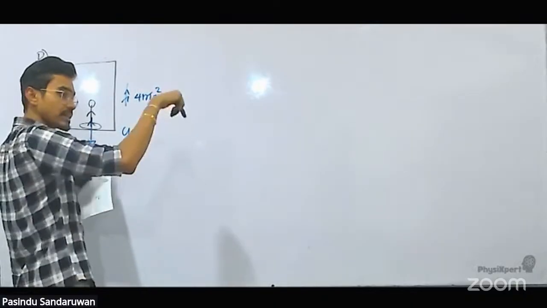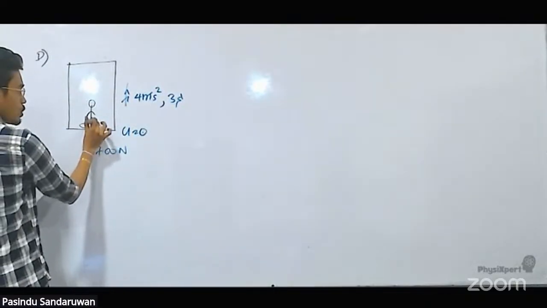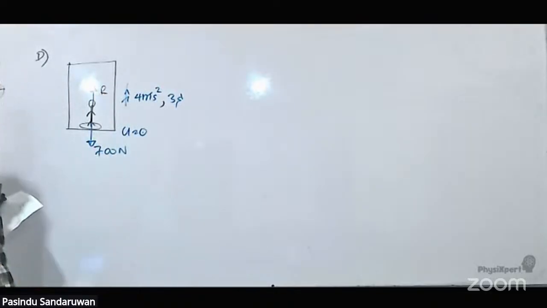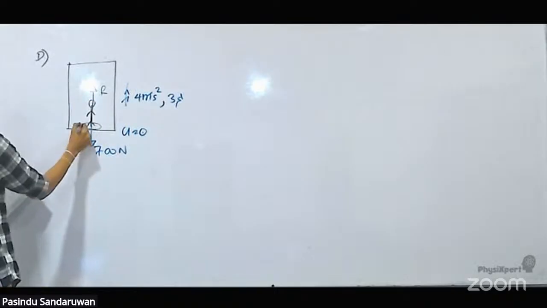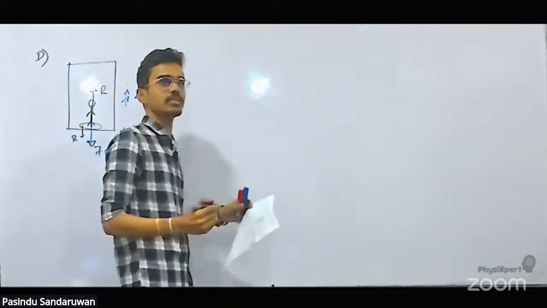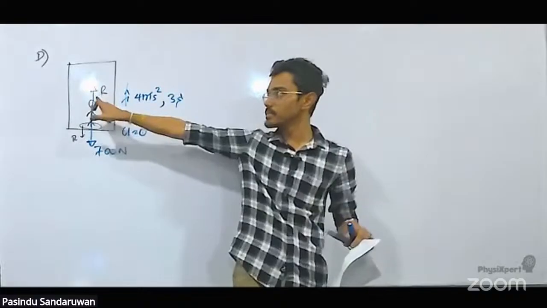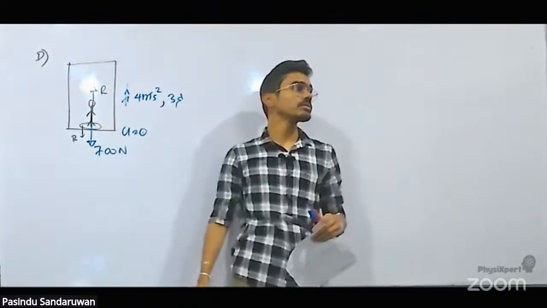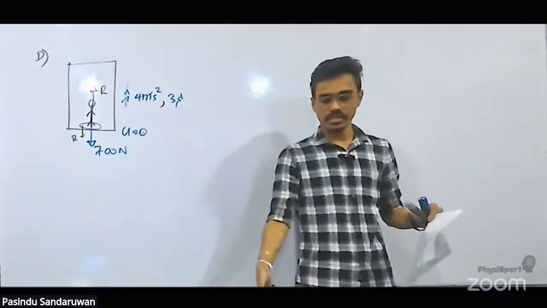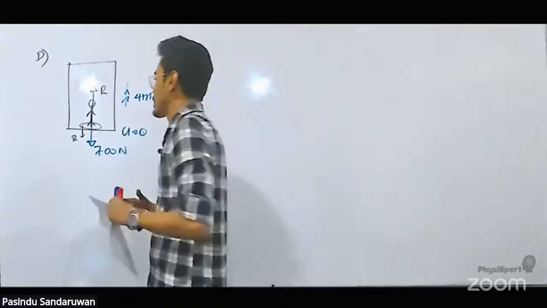Then by the pan, on the man, there will be a reaction, say R. The equal and opposite reaction is on the pan, and the pan is sensitive to that reaction. They follow Newton's third law: reaction on man by pan and reaction on pan by man. So that's a force diagram.